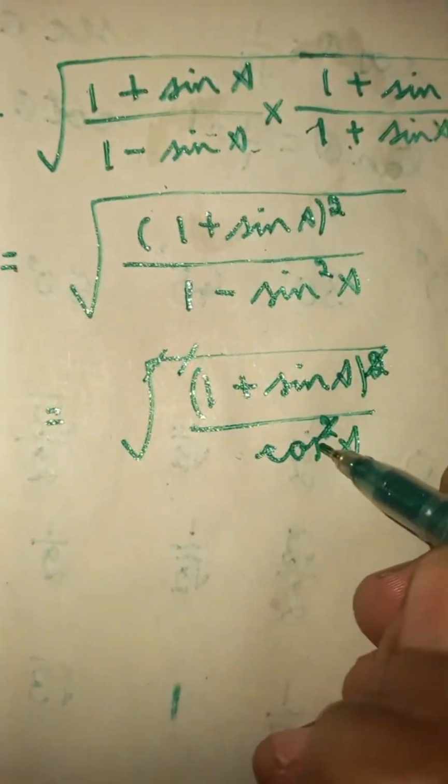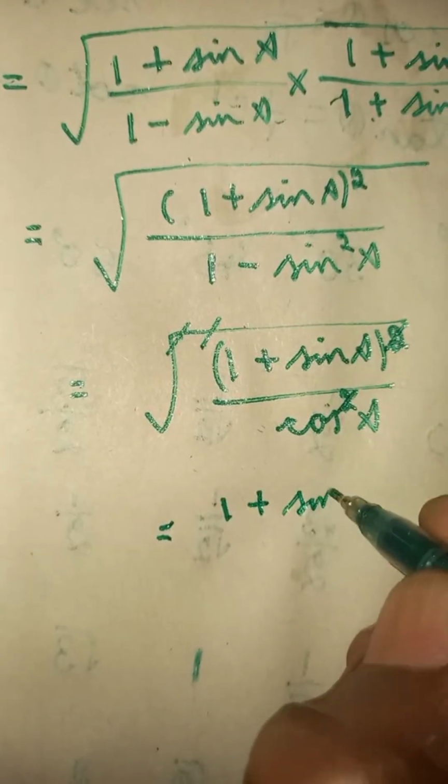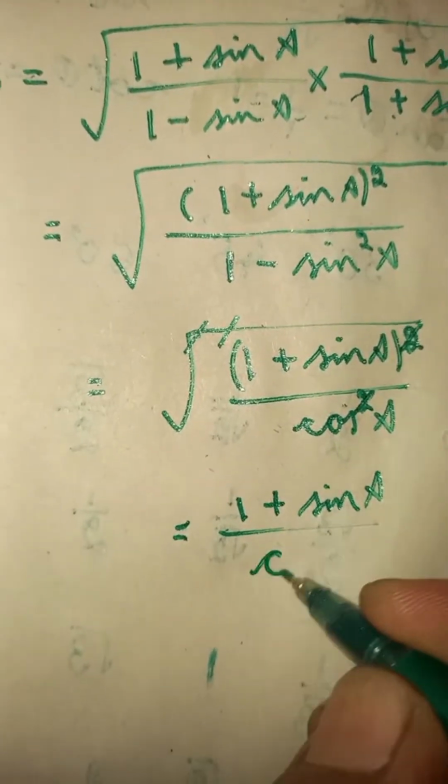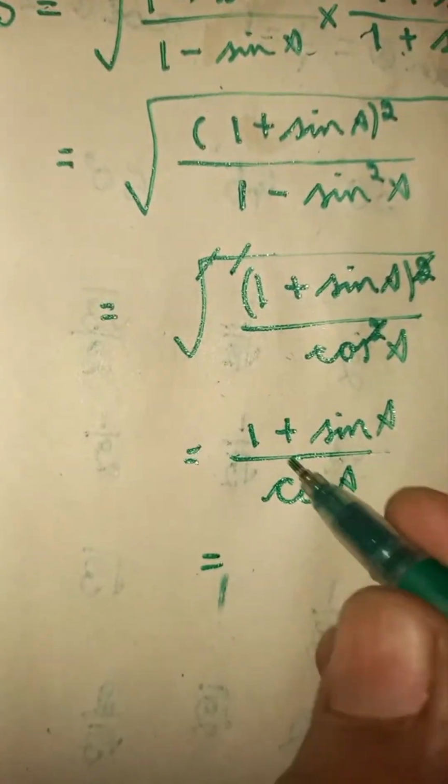This root also cancels, and both of them come out of the roots. 1 plus sin A by cos A. Now divide those both.